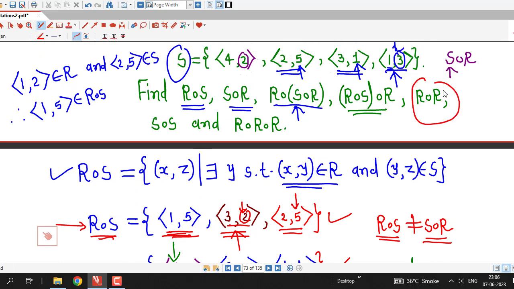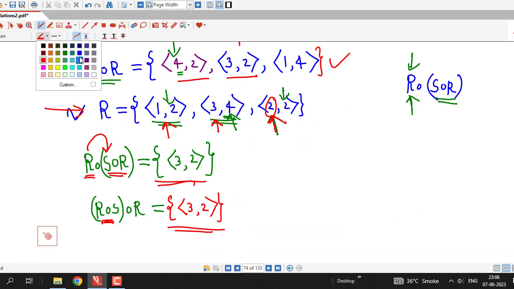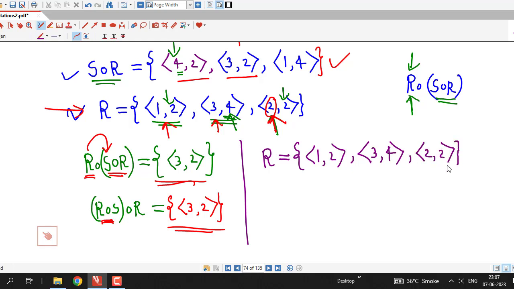Next we have to find the composite of R with itself, then the composite of S with itself. So first we find the composite of R with itself. Here I have relation R, and let me rewrite it again: 1 2, 3 4 and 2 2, and I have to write R composite R. I start again with the first pair 1 2.